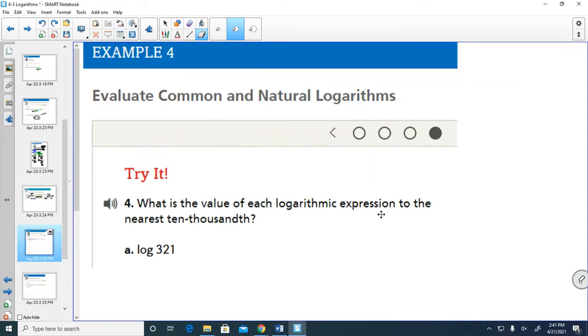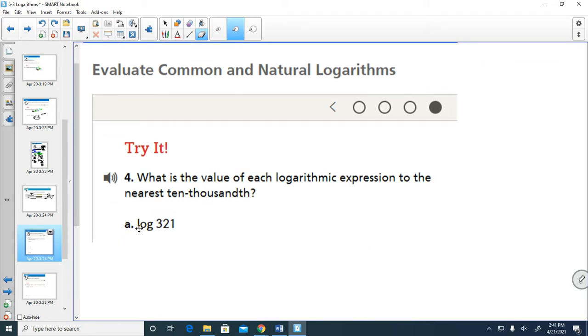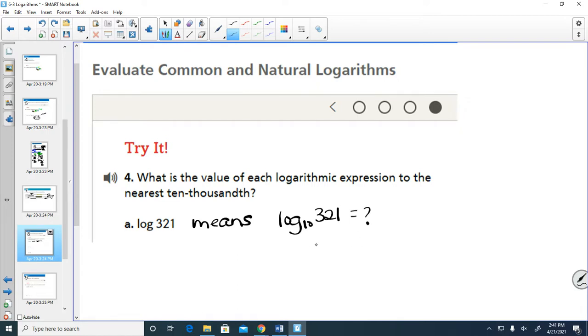Okay, so let's try a couple of examples. Example 4: what's the value of each logarithm expression to the nearest 10,000th? So log of 321 means log base 10 of 321. If I were to try to evaluate this, I could set it equal to x and say 10 to the x equals 321.